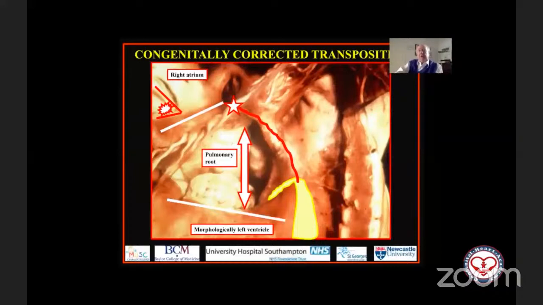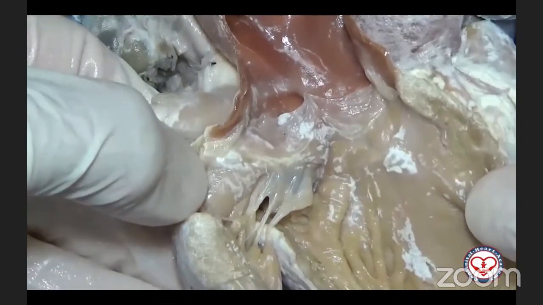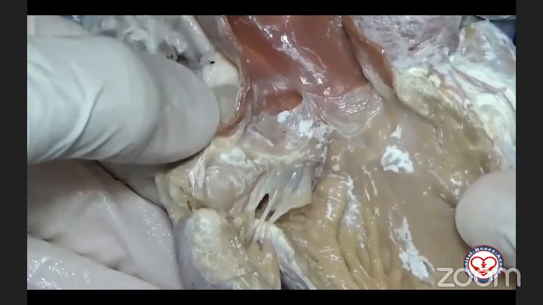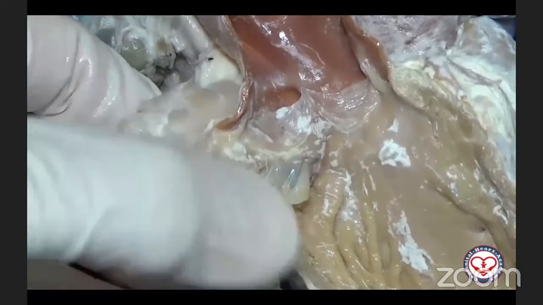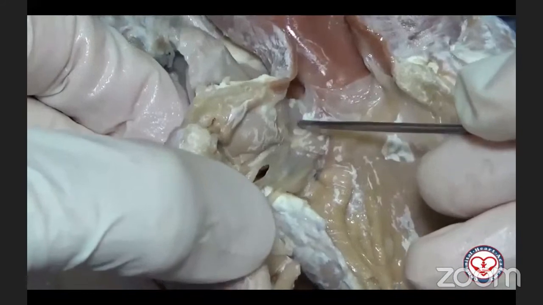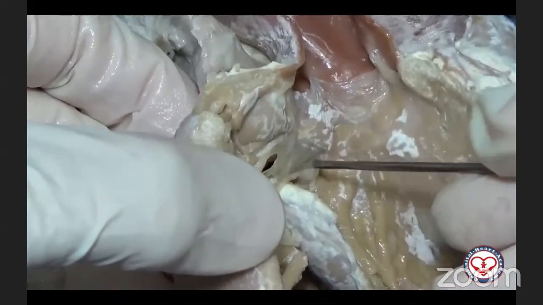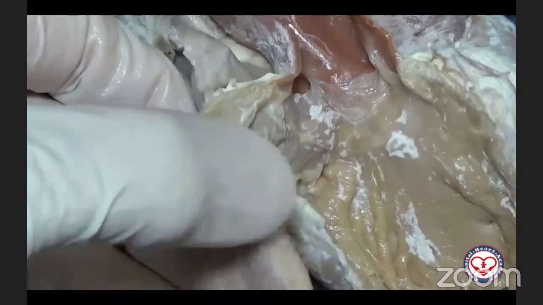So now we're going to look at this arrangement in the setting of a heart with congenitally corrected transposition. It is the rule in hearts that have left-handed ventricular topology that there is atrioventricular septal malalignment. So in this heart with congenitally corrected transposition, the pulmonary valve is wedged between the mitral valve and the interventricular septum.